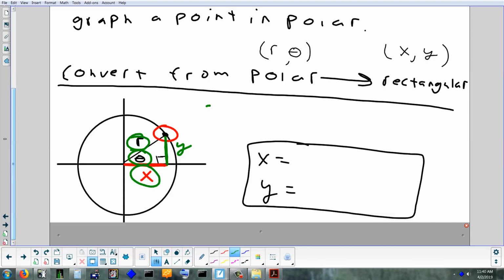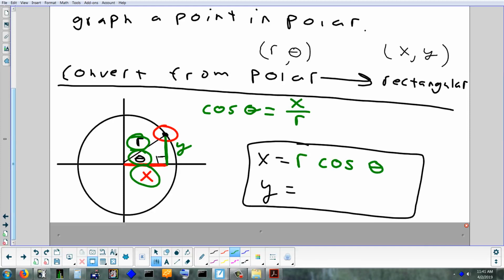So the cosine of theta equals, what would be the fraction on the other side? x over r. Now, just get x by itself, and that's the formula for x. So what would x equal? Yeah, very good. r cosine theta.